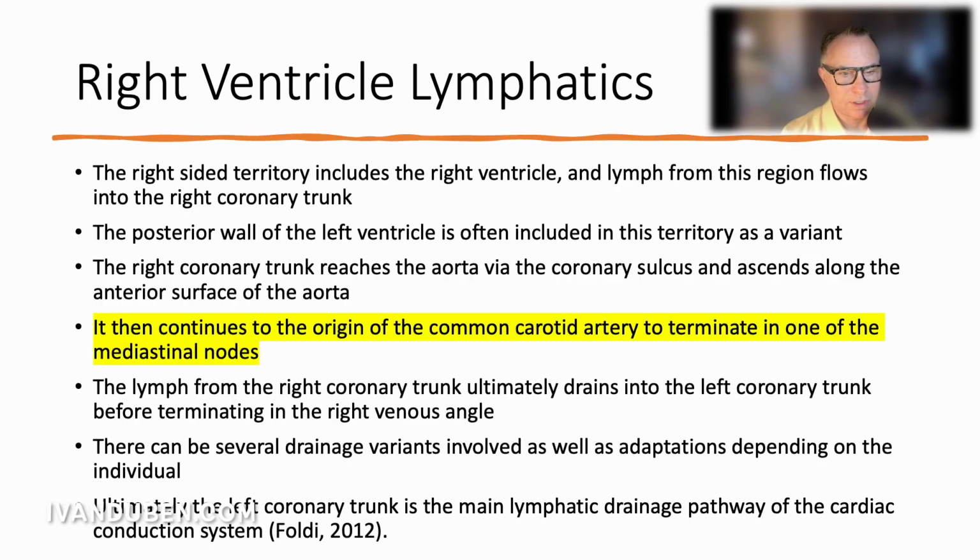So some of the right ventricle drains into the right venous angle, but ultimately most of the drainage for the pericardium and heart is being drawn on the left side of the aorta and thoracic duct as well.